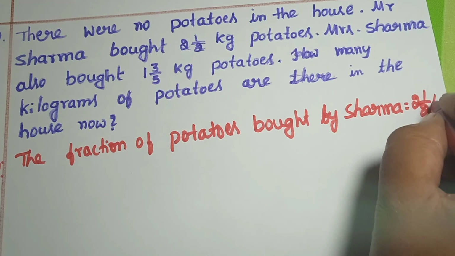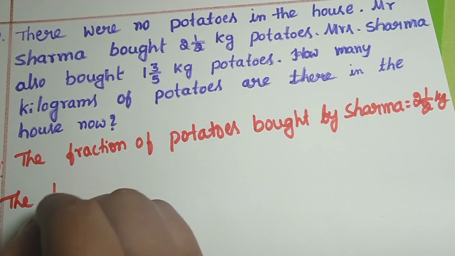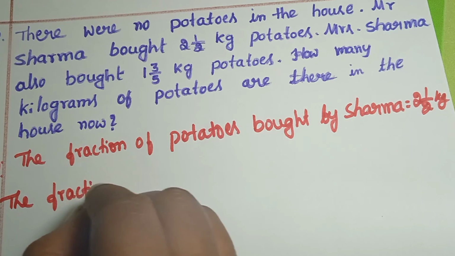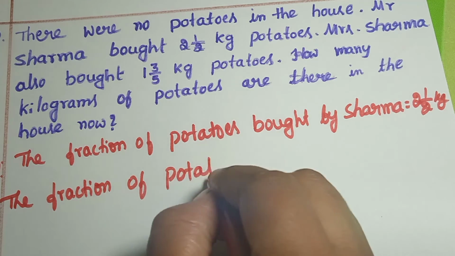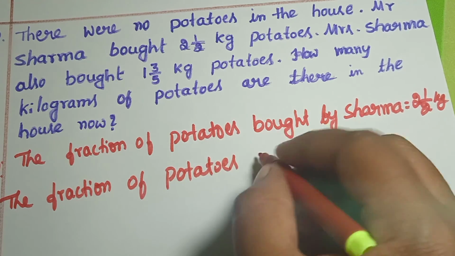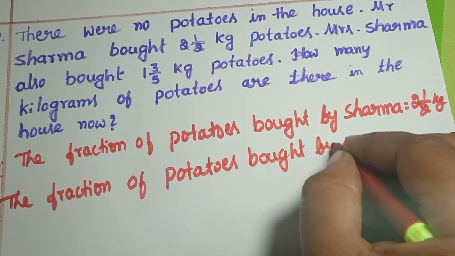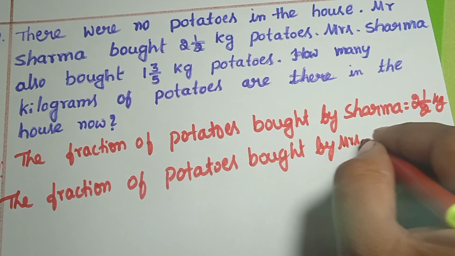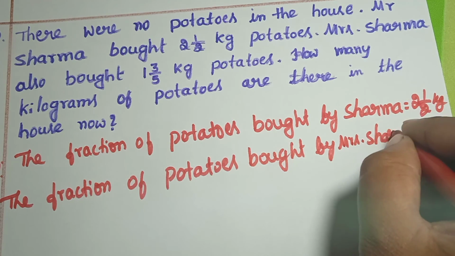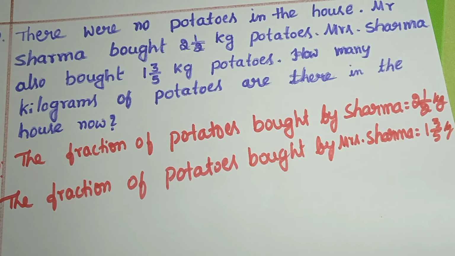Okay, 2.5 kg of potatoes. The fraction of the same thing, the fraction of potatoes bought by his wife. His wife is nothing but Mrs. Sharma. Okay, Mrs. Sharma. How much, children? 1 3 by 5.